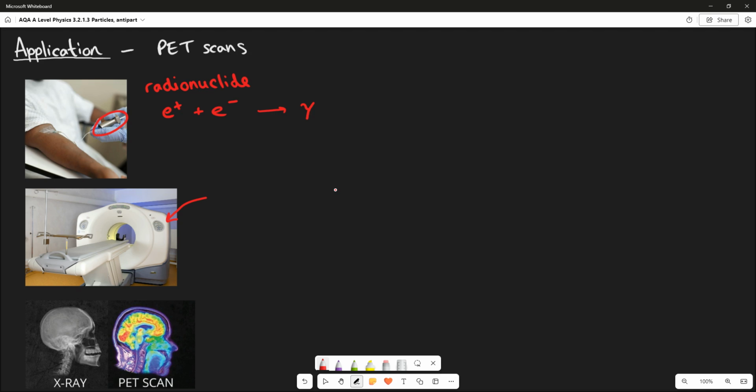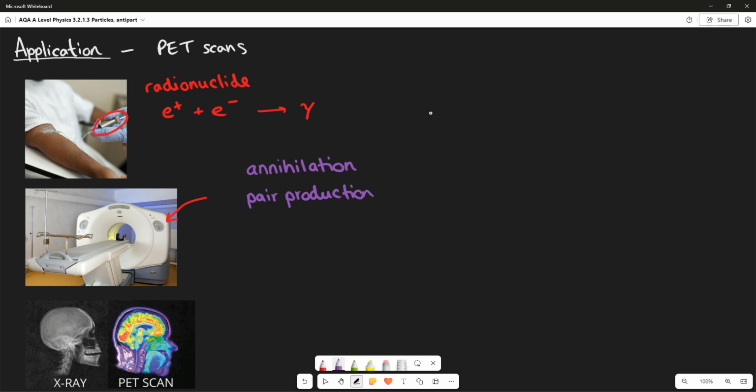Okay, so we're going to talk a little bit about the functions behind the way that this works, and you need to know about two things. You need to know about annihilation, and you need to know about pair production. So annihilation is the way that the PET scans work.